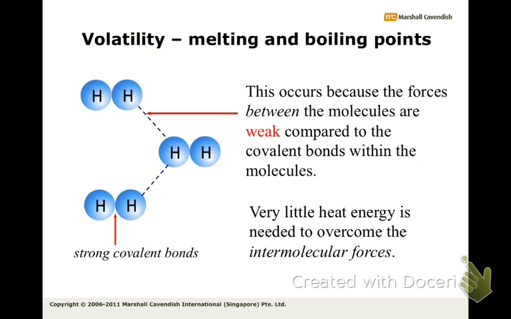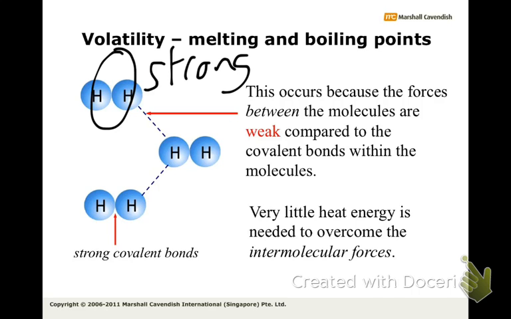Let's say this part, you do not want to break this one. This one is very strong. You're not breaking it. The problem here is when you talk about covalent bonding, it's actually very strong between atoms. But when you're trying to break, it is this part.